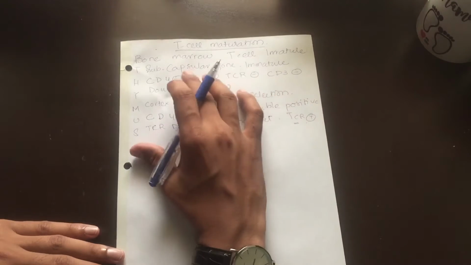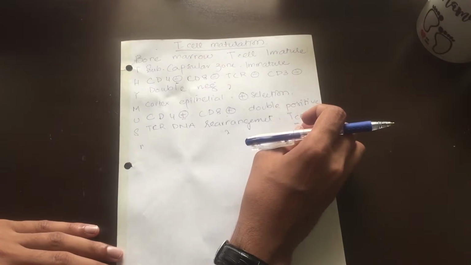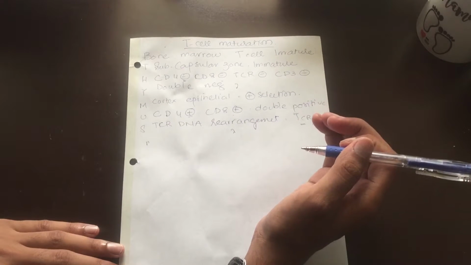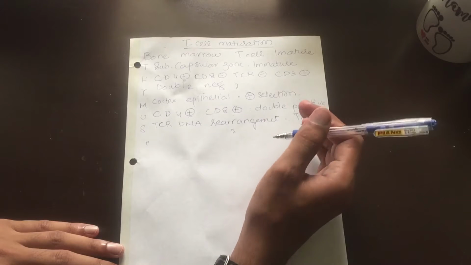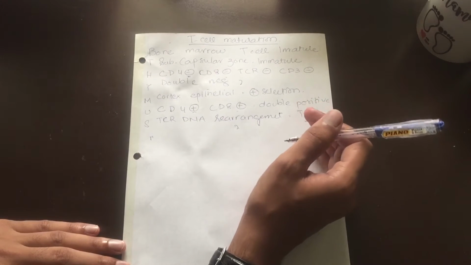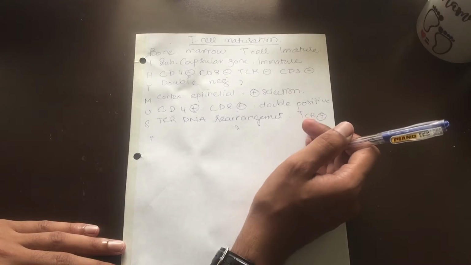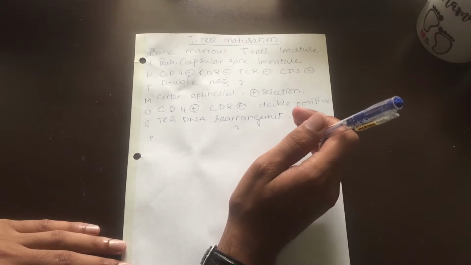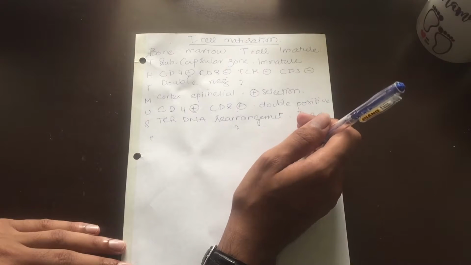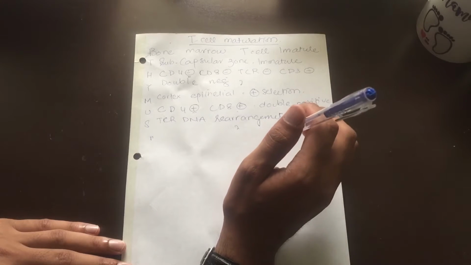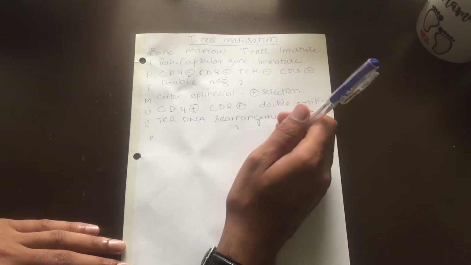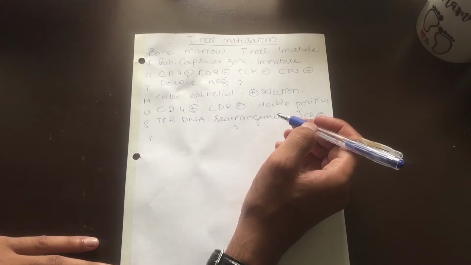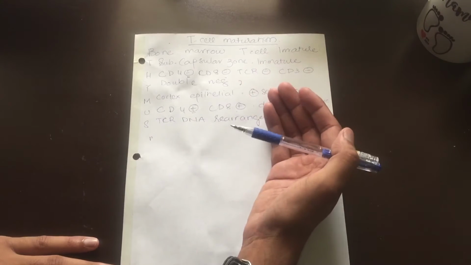If this response does not happen, then the antigen presenting cell keeps on alerting the body that there is a foreign antigen, do something. And if TCR is not responsive to that MHC alert, then the body is prone to infection, autoimmunity, and cancer.